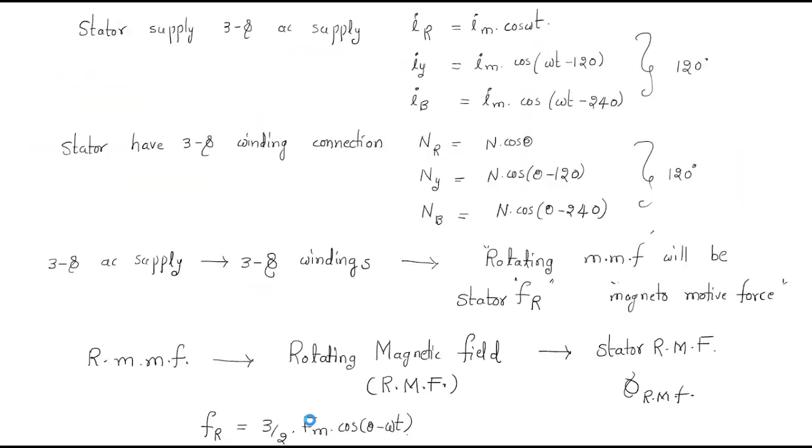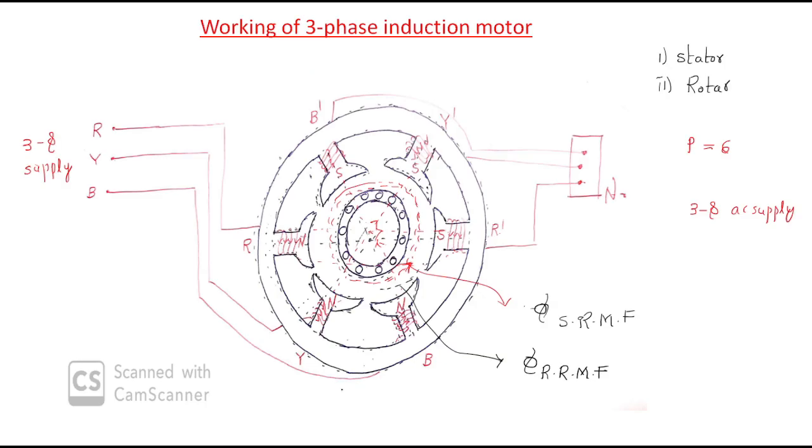So I think you understand the working. Simply, we are creating the flux by giving the electrical supply to the stator, and that electrical supply enters as flux into the rotor, then that is converted into mechanical energy, and the rotor rotates.